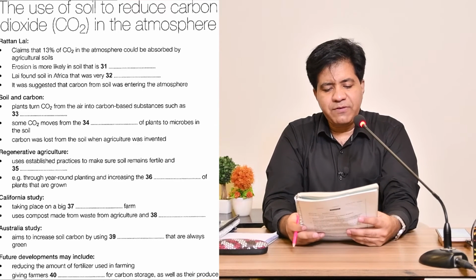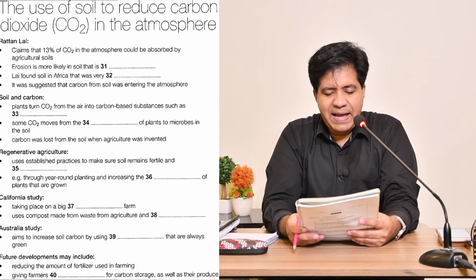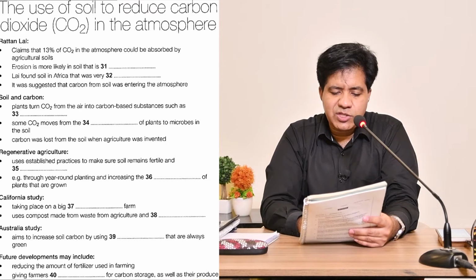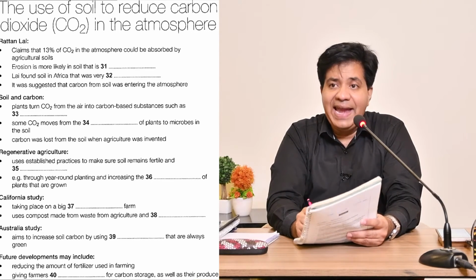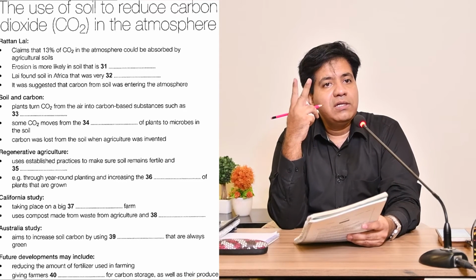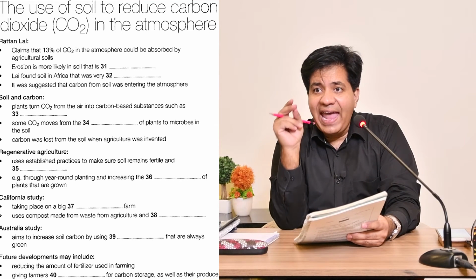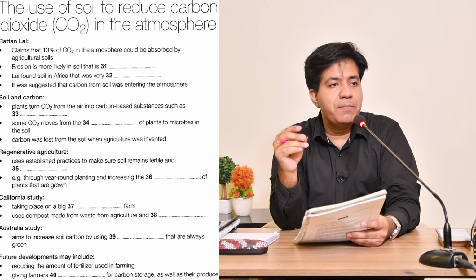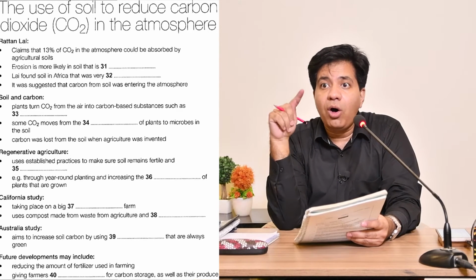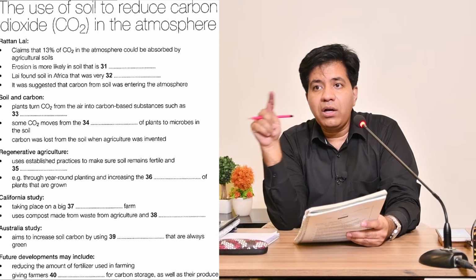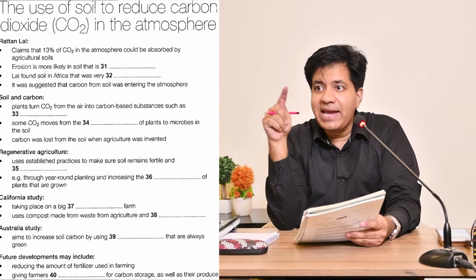Question number 35 uses established practices to make sure soil remains fertile and, now two things. They usually use the word "and." For "and" in the audio they might use the word "also" or "or." Fertile or dash. Fertile and dash.